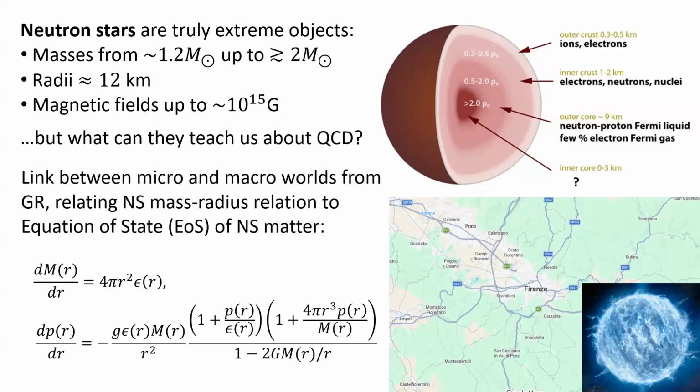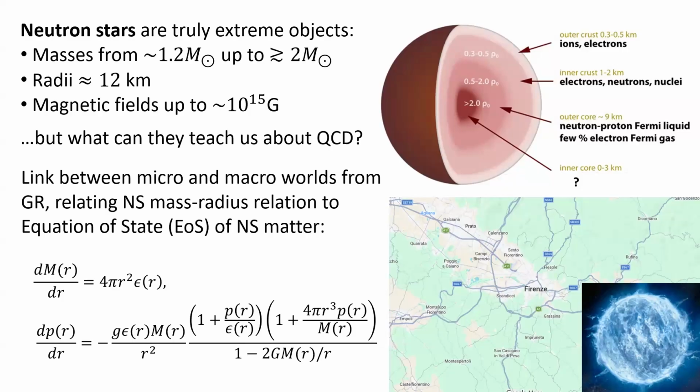So these are the famous Tolman-Oppenheimer-Volkov or TOV equations that govern hydrostatic equilibrium inside neutron stars. There are two ordinary differential equations for three quantities, which are the mass within a radius of r from the center of the star, the energy density at that point, and the pressure at that point, in an approximation where we neglect the possible rotation of the star.